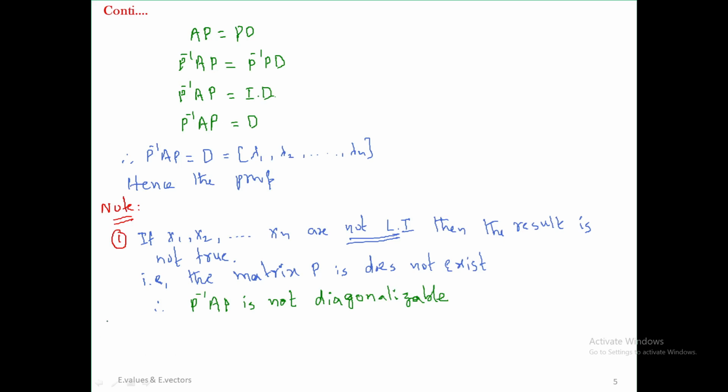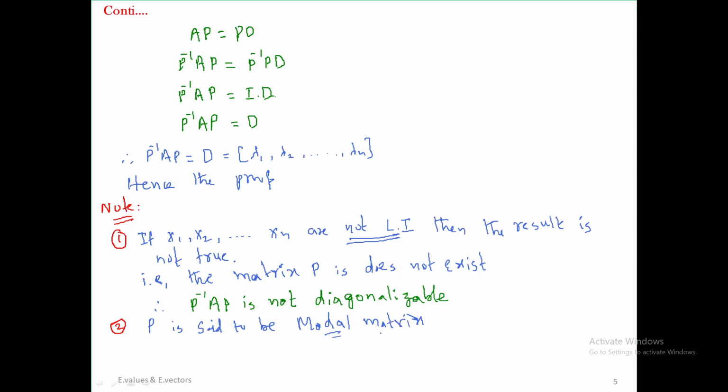And if you want more information, in the above result, the matrix P we obtain is said to be the modal matrix. And the matrix D is said to be the spectral matrix.